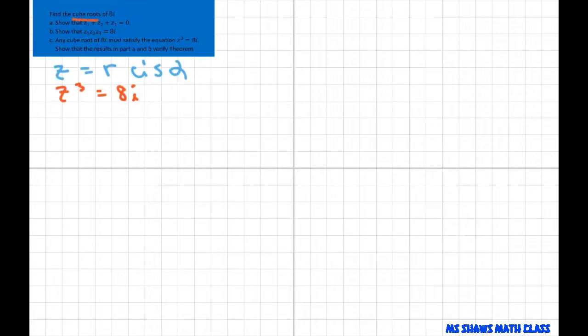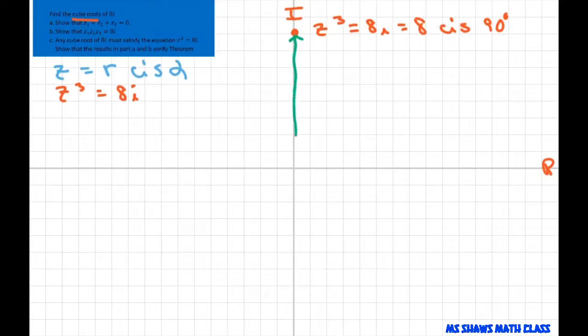Go up to 8, and this would be z cubed equals 8i, which equals 8 cis of 90 degrees, because this is how you plot on the imaginary line here. This is the real. So you draw the little arrow here from the origin or the pole.